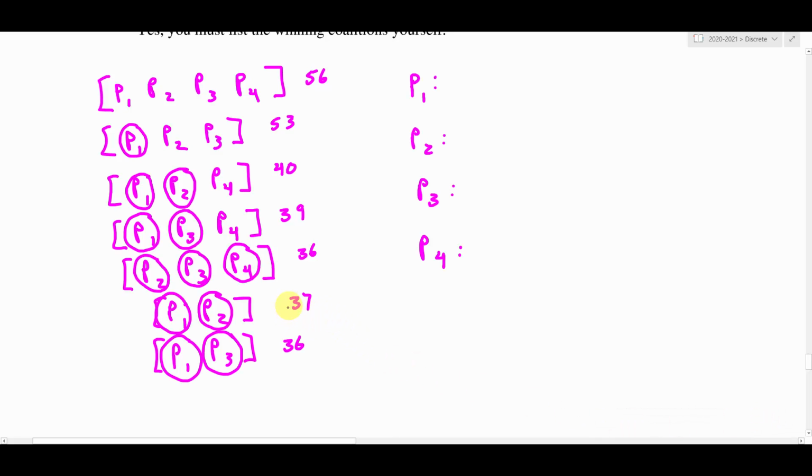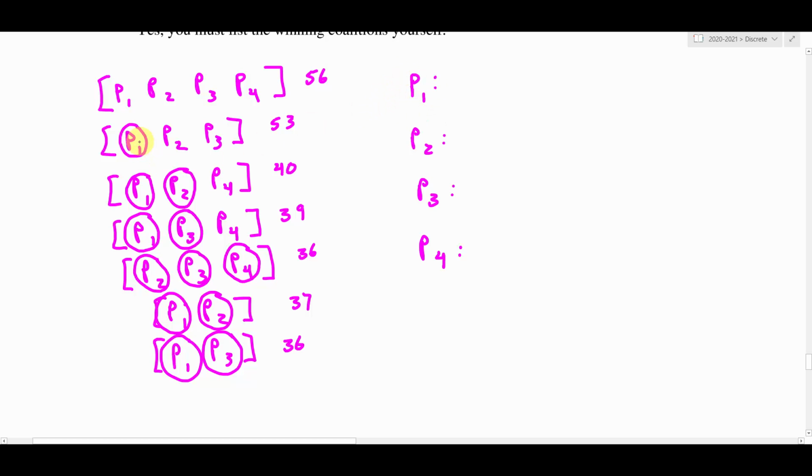All right, welcome back. So this is what I found for our essential or critical players in each of the coalitions. I think I got a total of 12 times that someone was critical. So now the next step of this problem is to figure out how many times player 1 specifically was critical out of those 12 times.